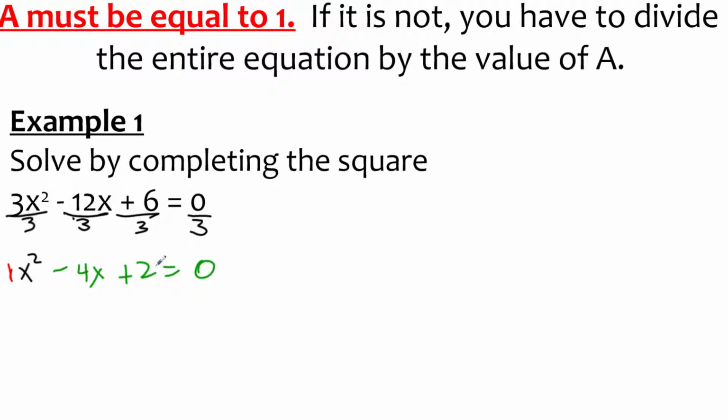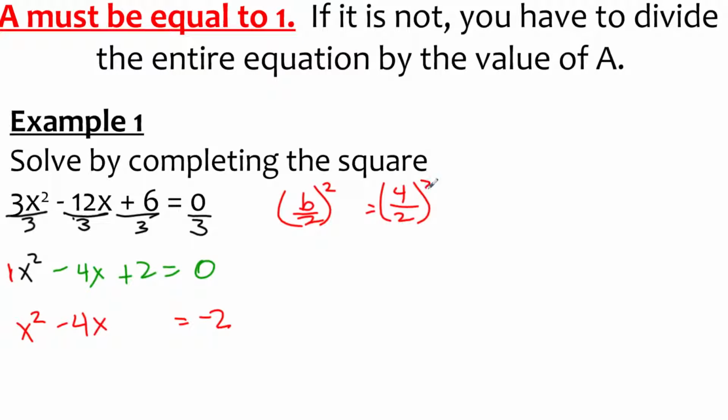Now I'm just going to do completing the square like we normally did. We said for completing the square, use b over 2 squared, and that is the value that should show up in this location. So I'm going to move this 2 to the other side and say it's x squared minus 4x. When I subtract this over, it becomes negative 2 on the other side. Now completing the square says 4 divided by 2 squared, which would be 4 over 2 is 2. 2 squared is 4.